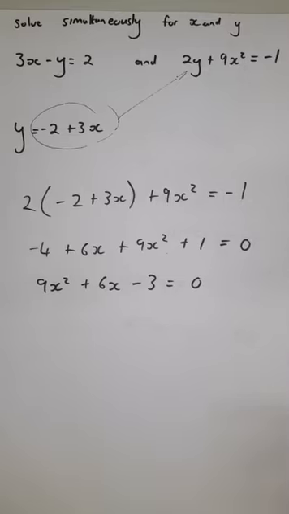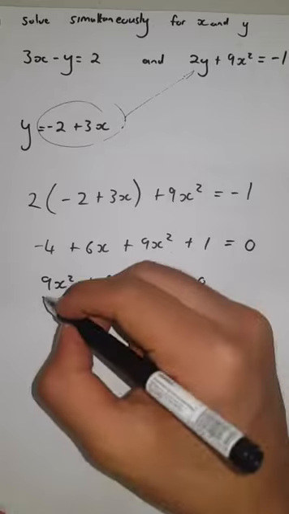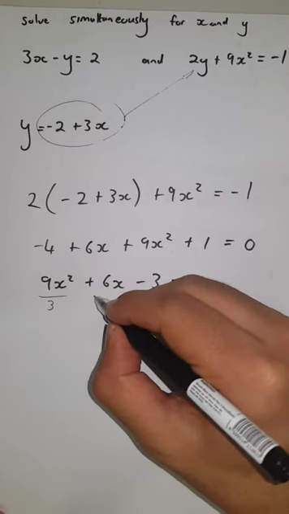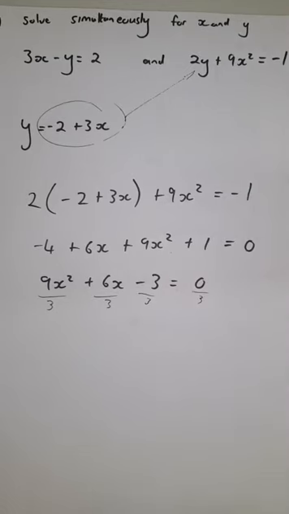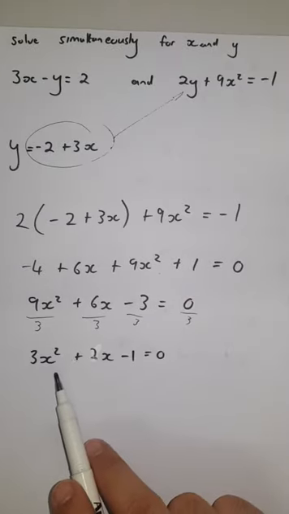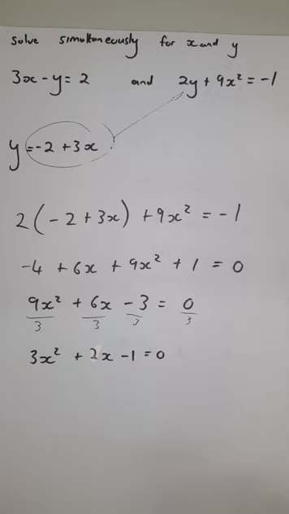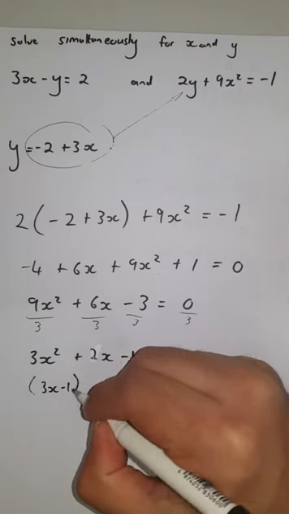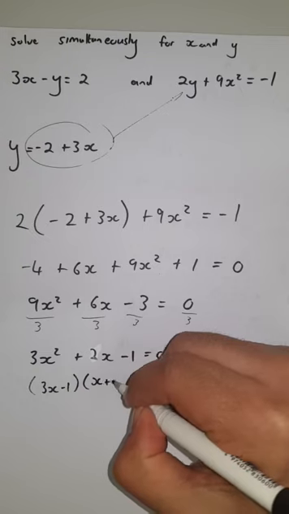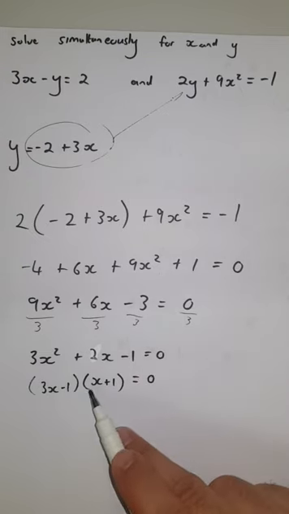Well, I can simplify it first. Divide by 3, and divide by 3, and divide by 3. That gives you 3x squared plus 2x minus 1 equals 0, which I then factorize to get 3x minus 1, x plus 1.